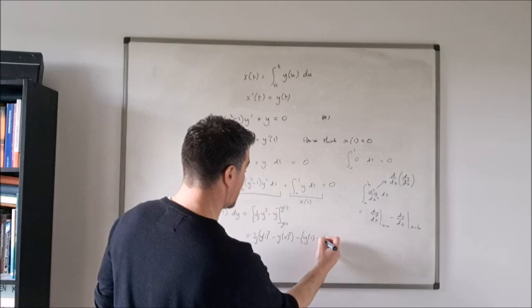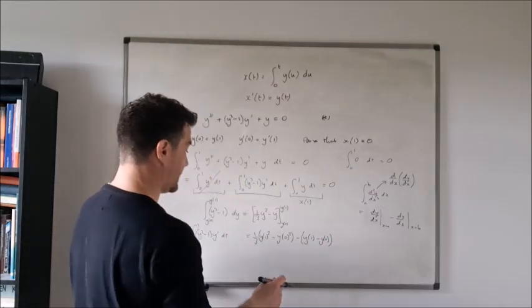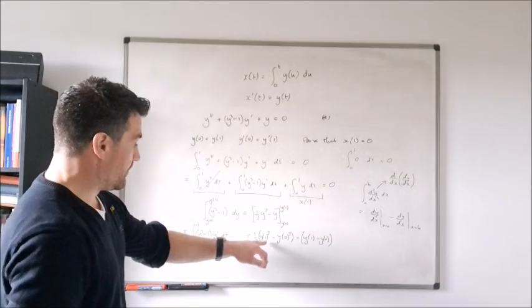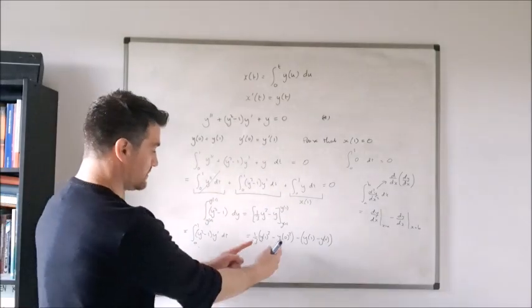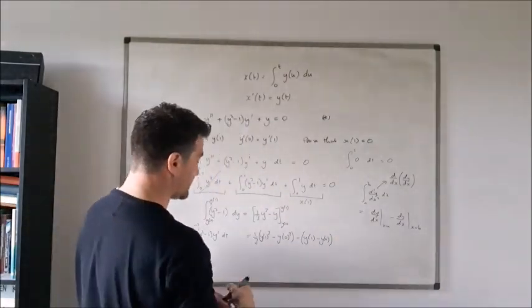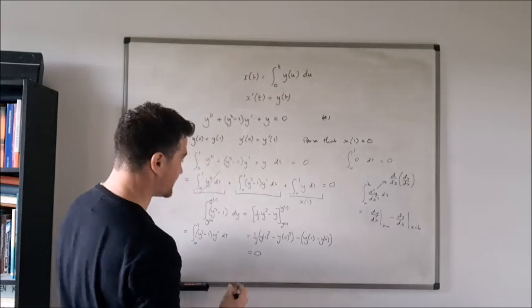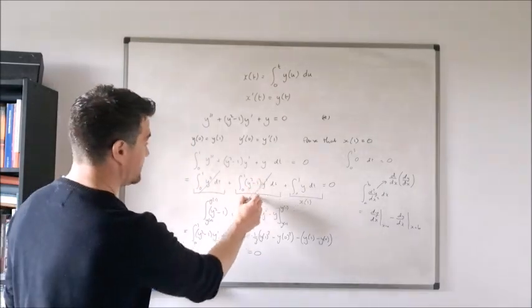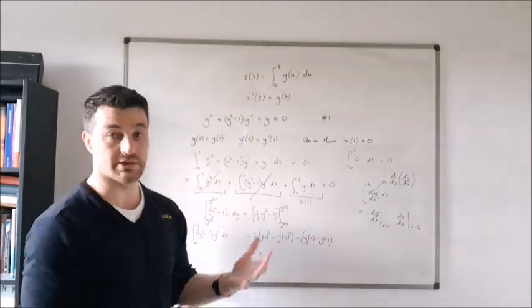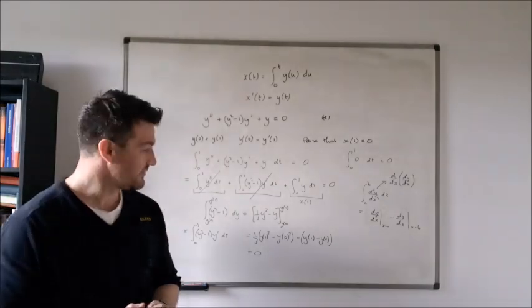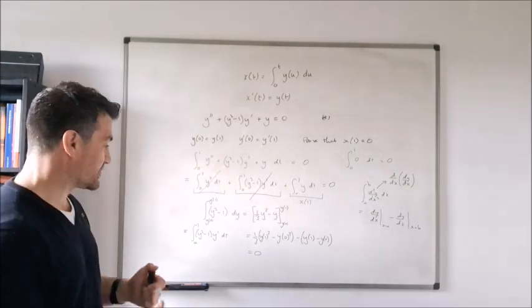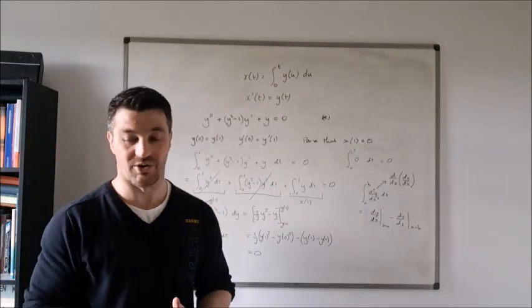But again, we've got the condition y0 equals y1, so that's going to be 0, that's going to be 0, and the whole thing is going to be equal to 0. Easy peasy, right? Well, so far, because we've got a bit more work coming up, a lot more work.